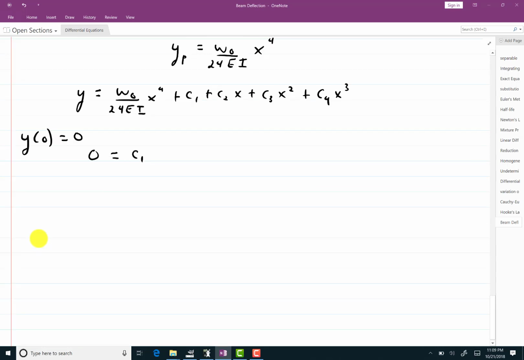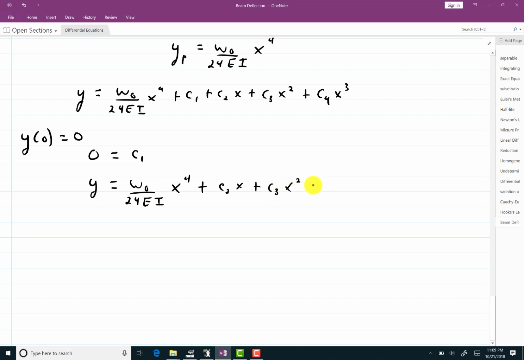So with that out of the way, my new formula for y is w naught over 24EI x to the 4th plus c2x plus c3x squared plus c4x cubed.